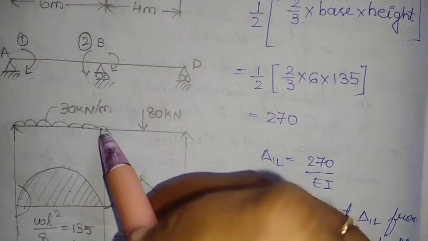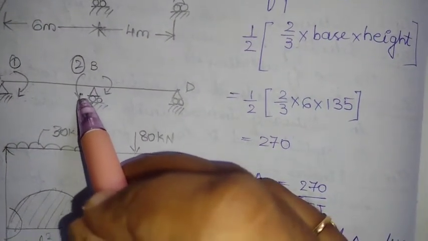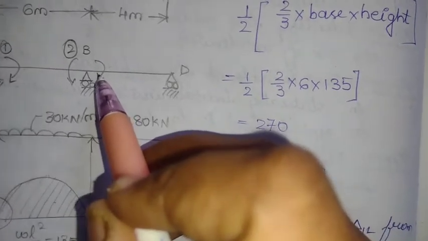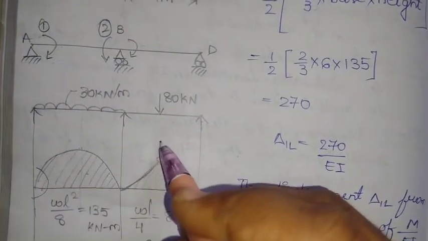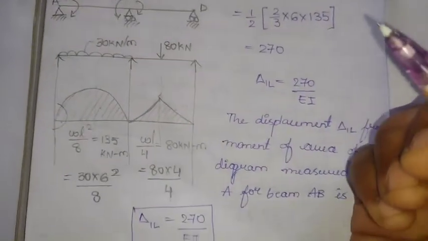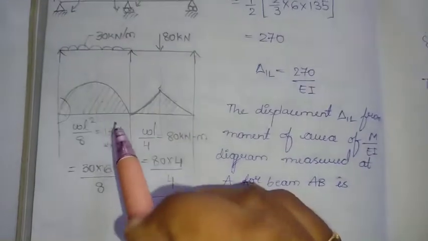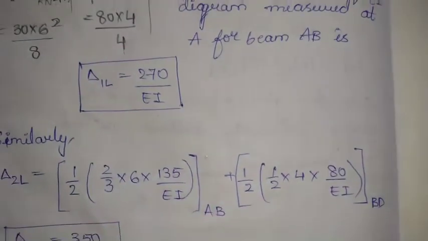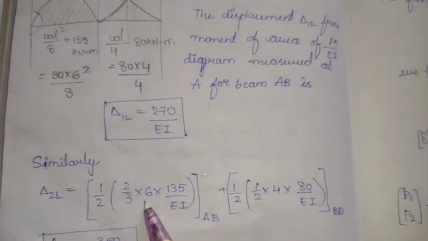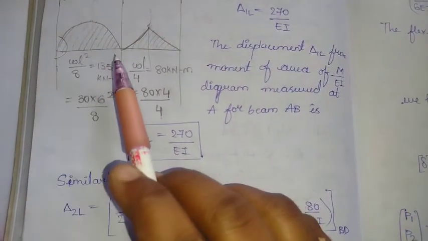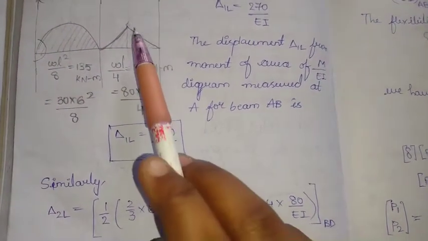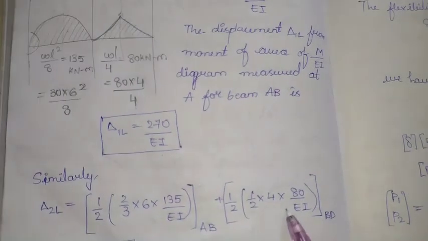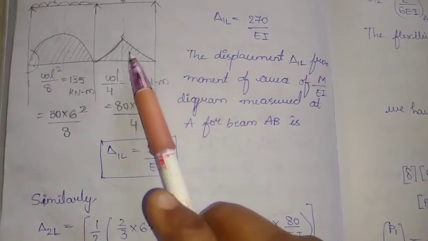To calculate at this support, at this redundant force, it equals this span. We'll add both of these, that is half into 2/3 of 6 into 135 by EI, plus half into base into height, which is the area of this.